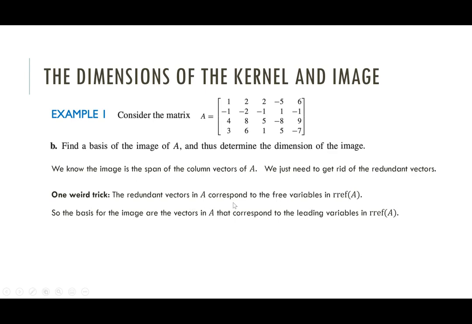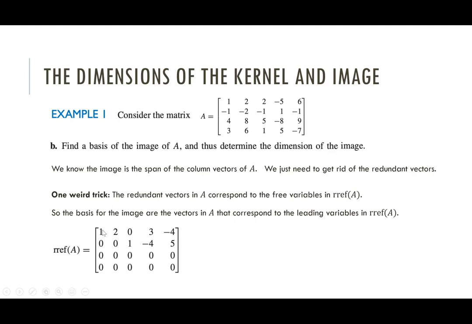The free variables in the reduced row echelon form correspond to redundant vectors in A. And so the basis for your image are going to be the vectors in A that correspond to the leading variables in the reduced row echelon form. So if we're trying to use this idea to find the basis of the image of A, we find the reduced row echelon form of A.